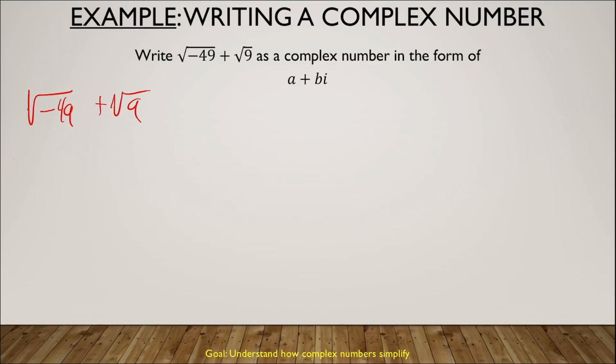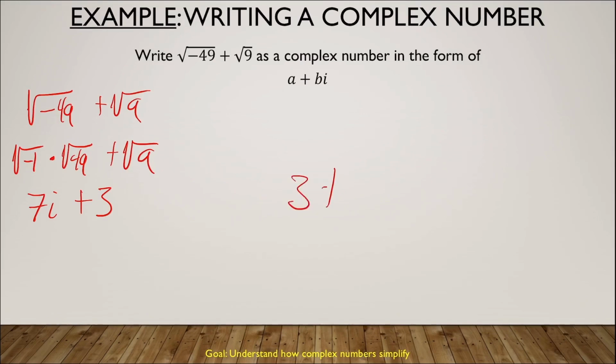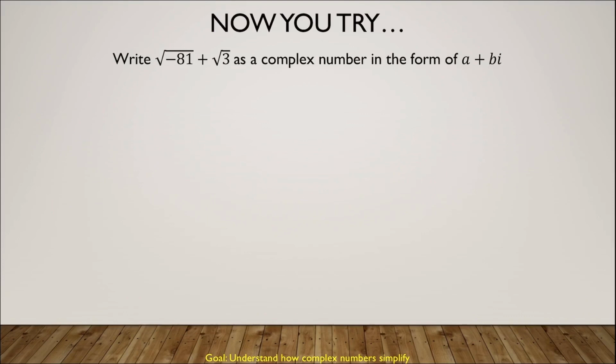I can break this up as the square root of negative 1 times the square root of 49 plus the square root of 9. On the left here, 49 is 7 times 7, so I get 7i plus 3. To write it in that form, I'd say 3 plus 7i. And there is my answer.